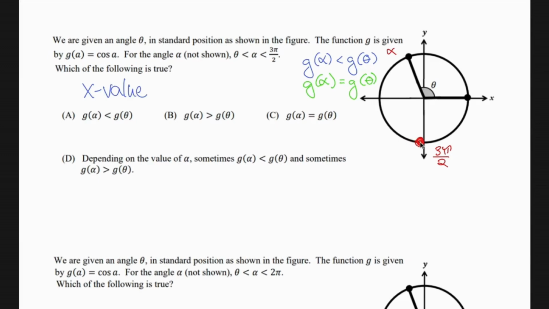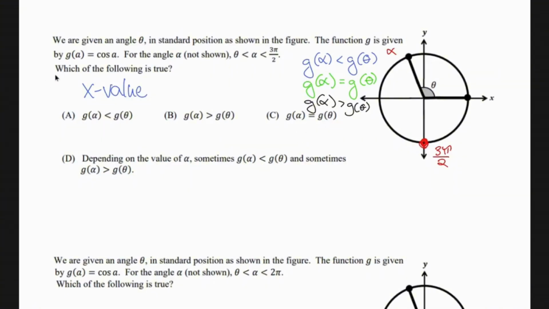If I move it a little bit further, I could stop it here. So right now at this moment, the x value of my red dot is 0, and this has a negative x value. So at this moment, my red dot has a higher x value than my black dot. In other words, my alpha value is larger than my theta value.